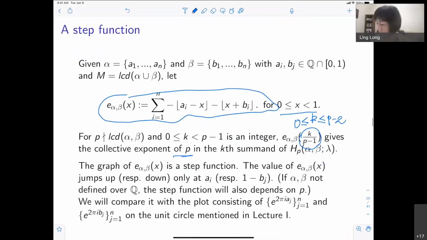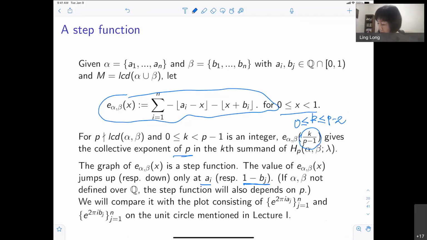The step function will jump up and down depending on whether I hit those values. If I hit an a_i value, the graph will go up. If I hit a 1 minus b_j value, the graph will go down.